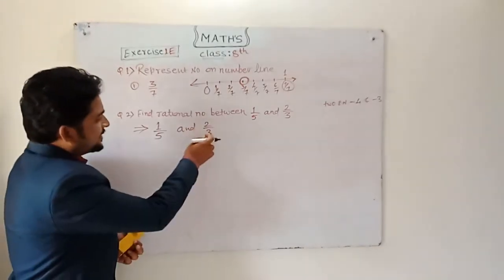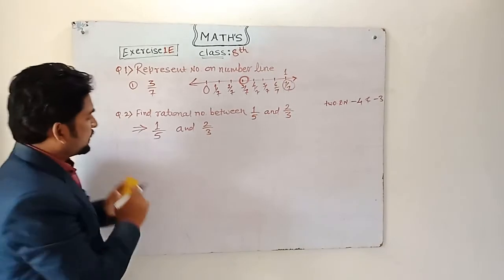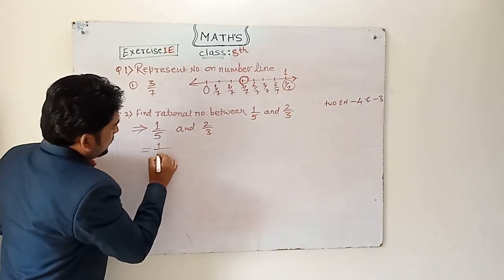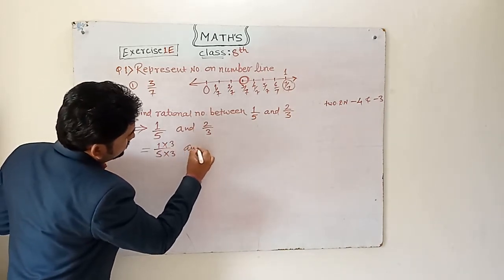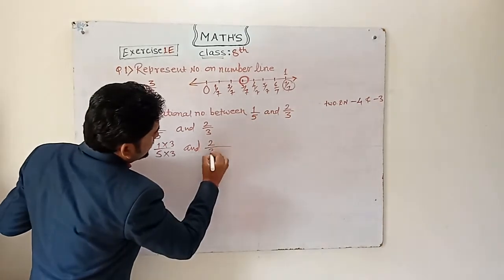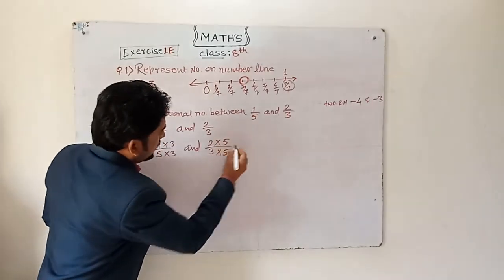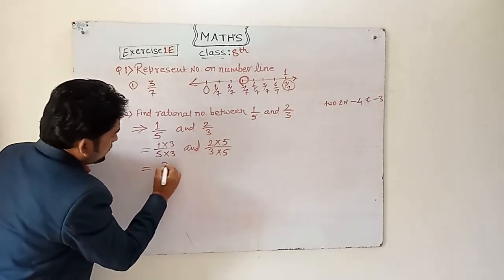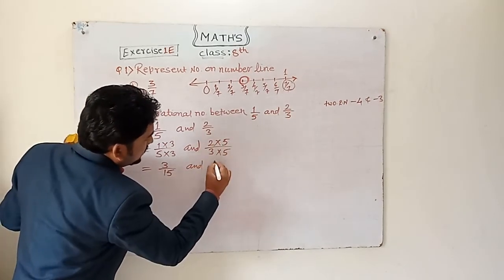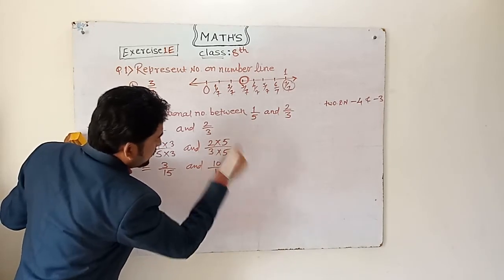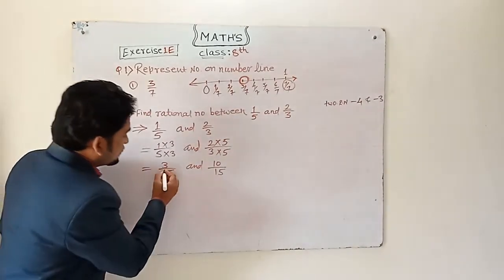Multiply numerator and denominator by 3, and multiply numerator and denominator of the other by 5. So 1 by 5 into 3 by 3, and 2 by 3 into 5 by 5. 3 ones are 3 divided by 5 threes are 15, and 2 fives are 10 divided by 3 fives are 15. So the denominators are the same. Now we have to find the numbers between these two terms.